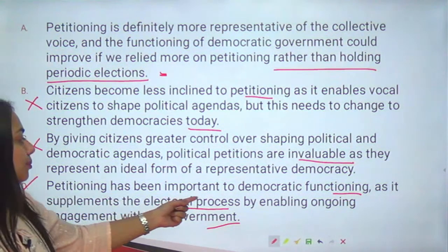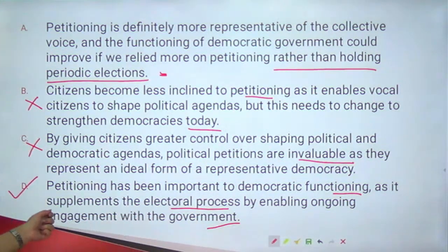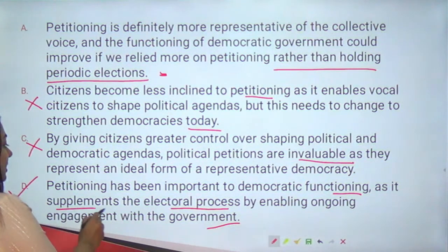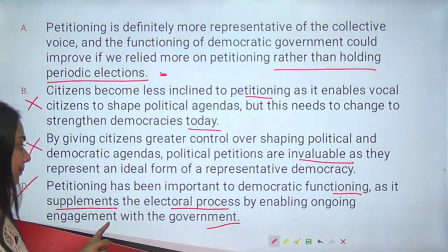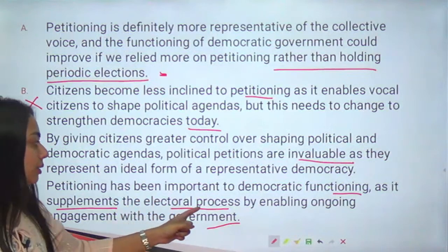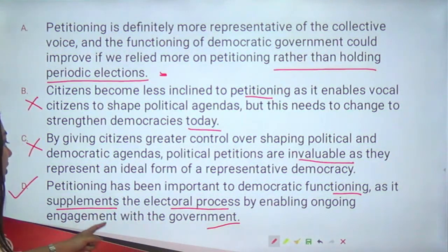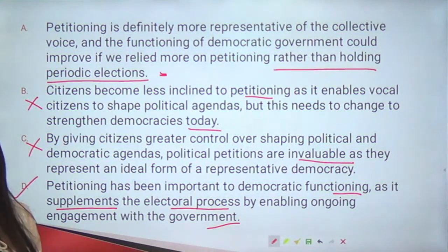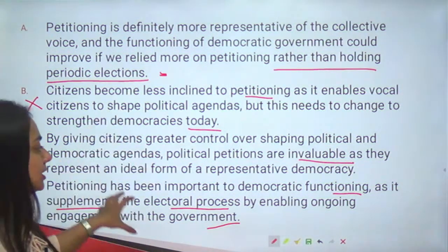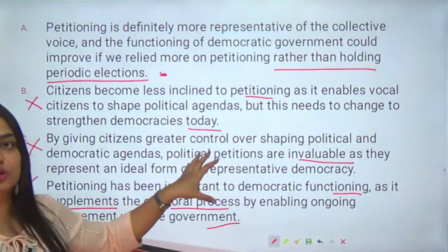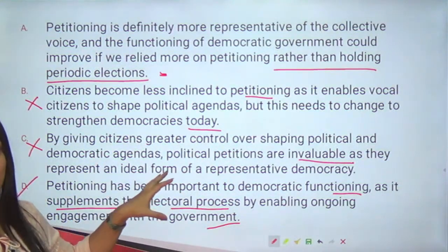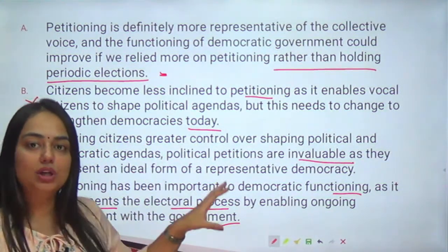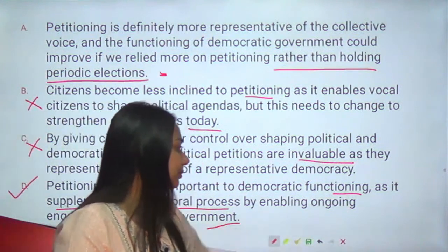Petitioning has been important to democratic functioning as it supplements, look at this, it doesn't replace. It supplements the electoral process by enabling ongoing engagement with the government. And this is what a real democracy is. I hope this question is clear, though it would look tricky if you look at it for the first time, but if you read it carefully, you'll get to see the answer.